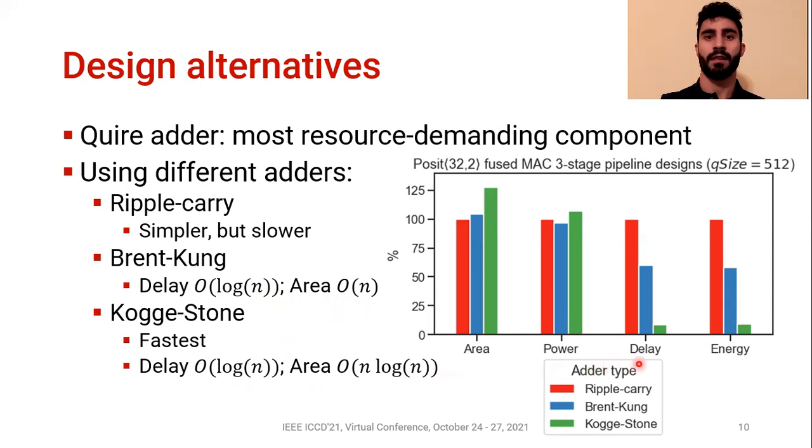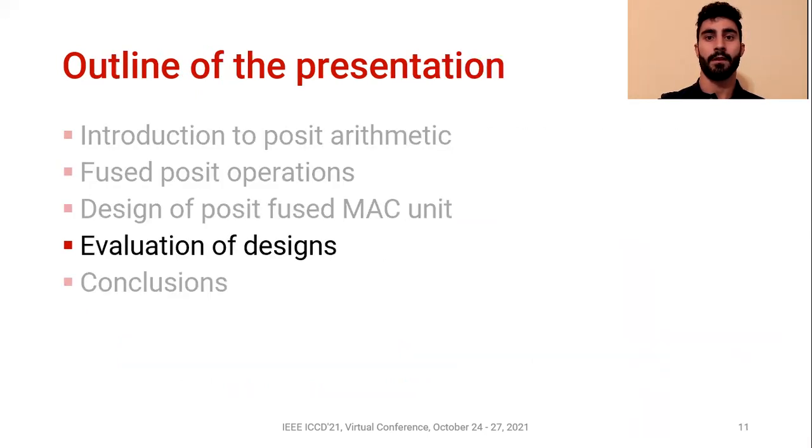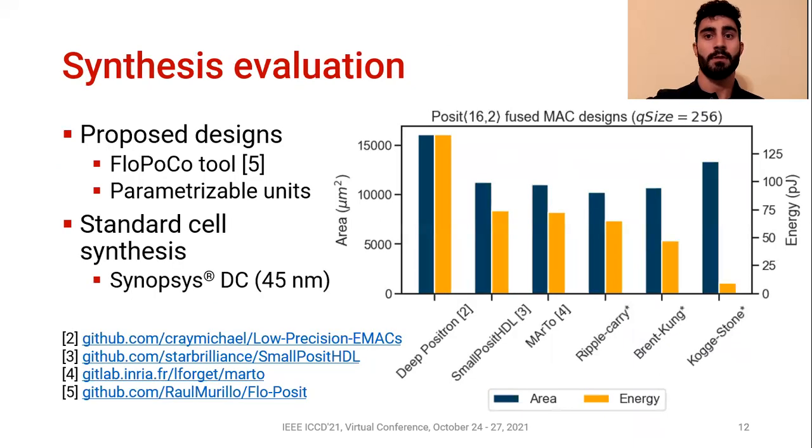This is proven by the data in the graph, which shows the synthesis results normalized with respect to the ripple carry adder. The proposed designs are implemented into the FloPoCo tool, which allows generating parameterized units for any Posit bit width or even modifying the total required quire size. The generated results, which are available online, are compared with previous implementations.